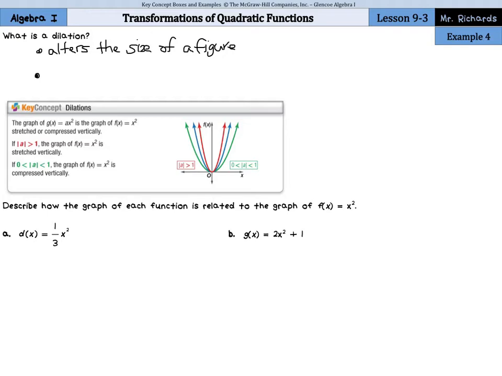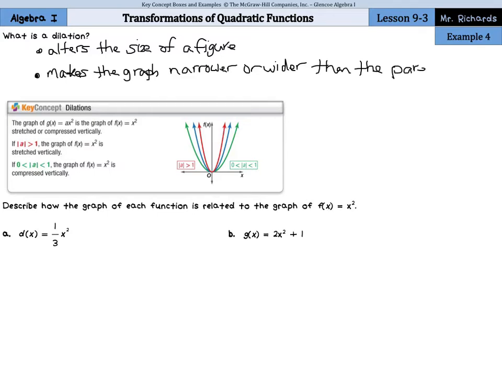And with these quadratic functions, it makes the graph narrower or wider than the parent, which is the original graph.